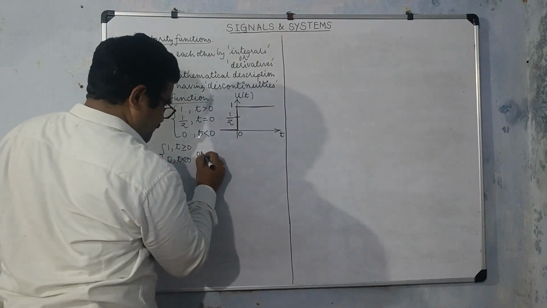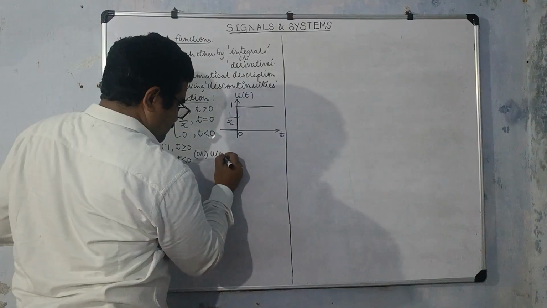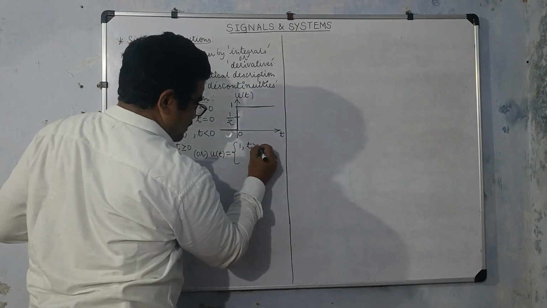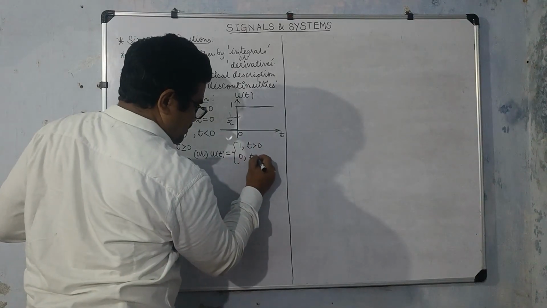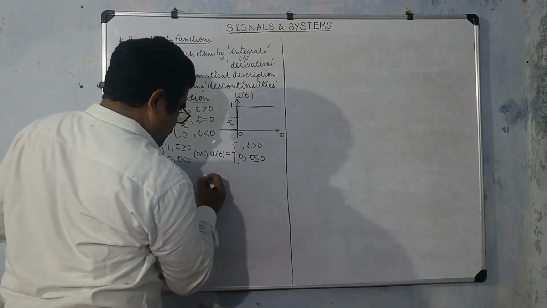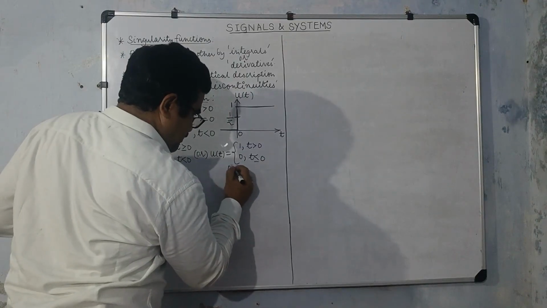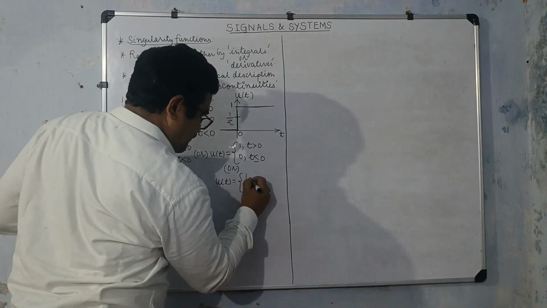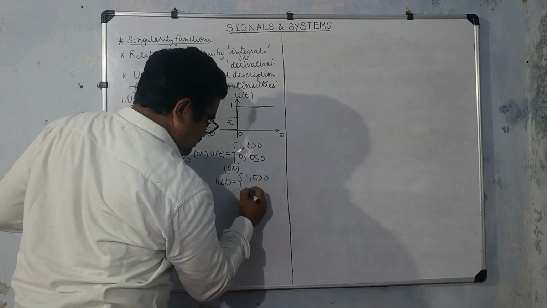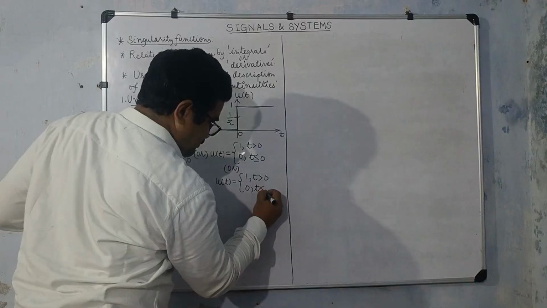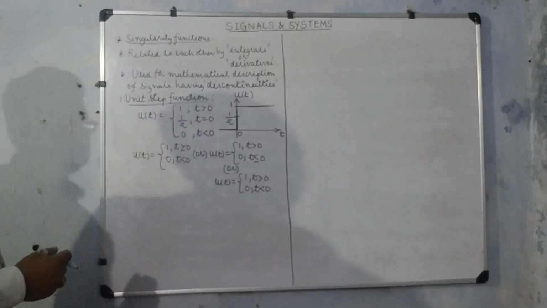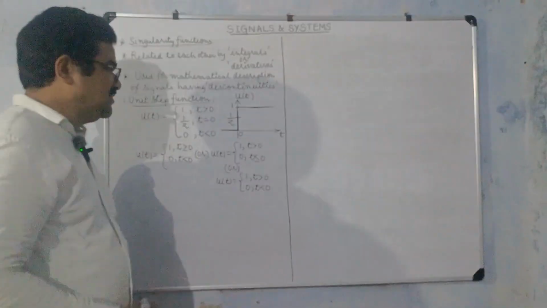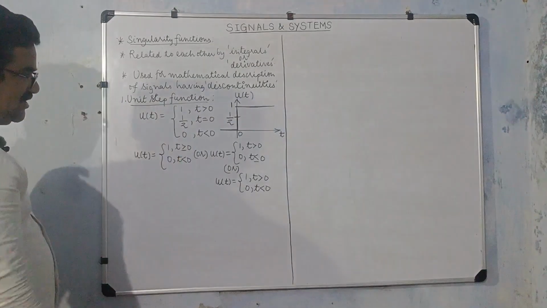Or u of t is equal to 1 for t greater than 0, 0 for t less than or equal to 0. Or one more notation, u of t is equal to 1 for t greater than 0 and 0 for t less than 0. All these notations are equivalent, and different authors or textbooks use these notations.